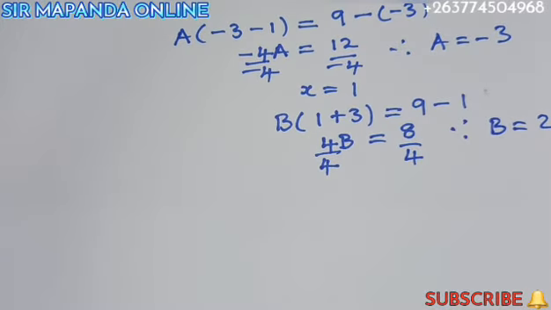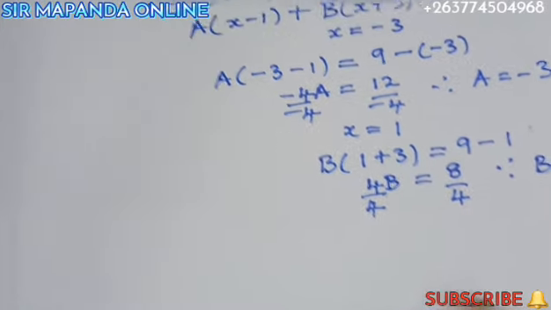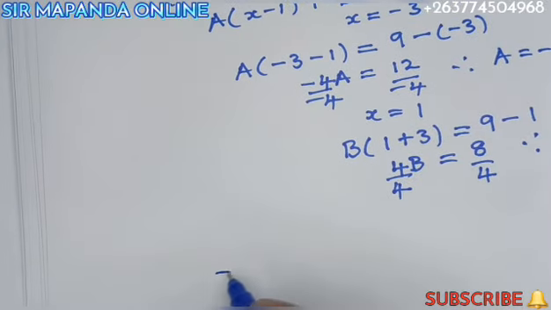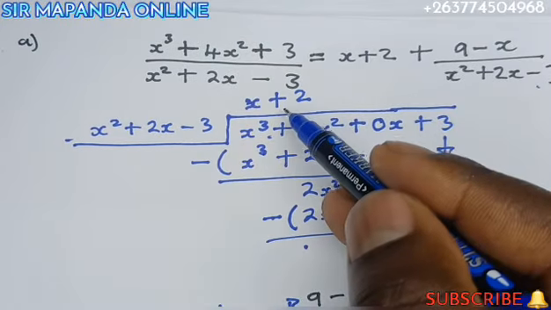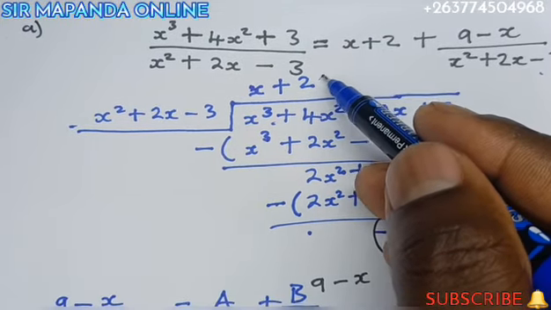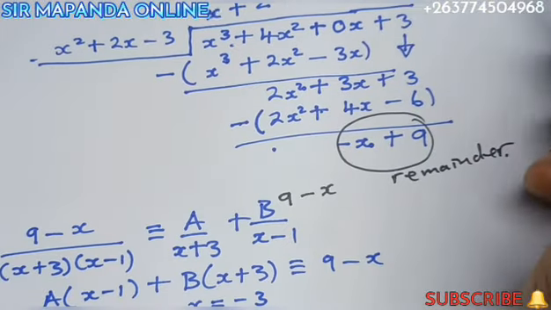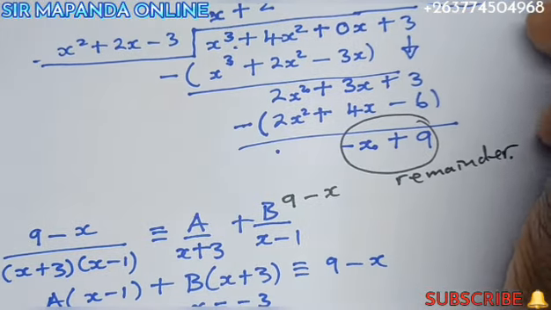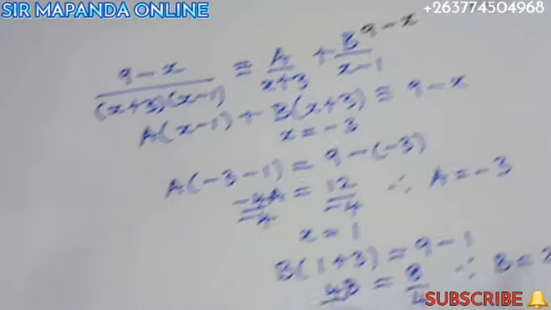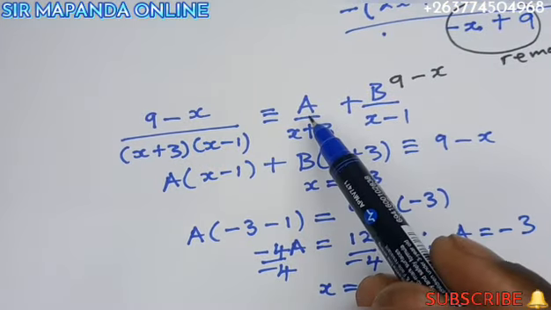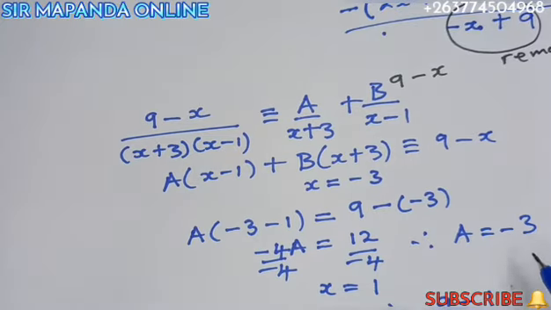Right. So it means our final answer in partial fractions, you get x plus 2, which was the answer that we got after carrying out long division, to be added with the partial fraction of this fraction, 9 minus x over this. So you are going to put the value of a as minus 3.